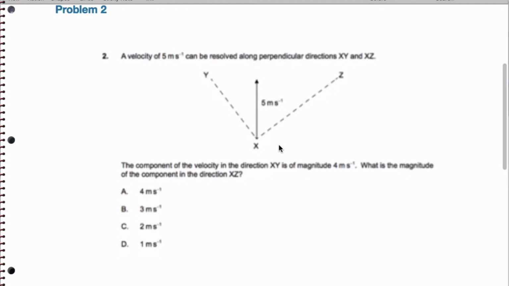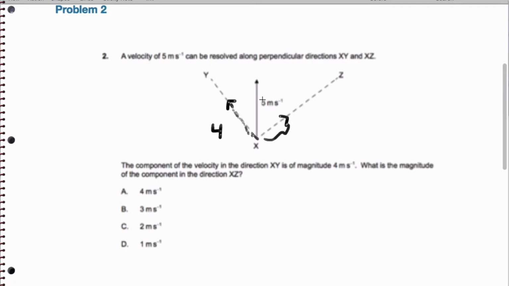Moving on to problem 2. So here's what we're saying. The component of velocity in the xy direction is 4 meters per second. But let's be clear, this is not the whole axis. What we're saying is that we have a component here that is 4 meters per second, and we want to know the component in the xz direction.